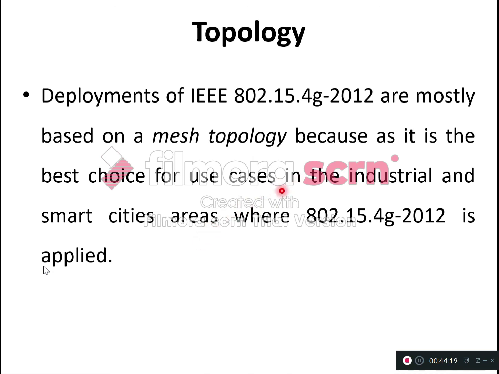So these are the utilities, right? Major utilities of 802.15.4 are industry and smart utility. So the mesh topology is best suited for industries and smart cities. Hence the mesh topology is the most deployed topology for the 802.15.4G 2012 version.